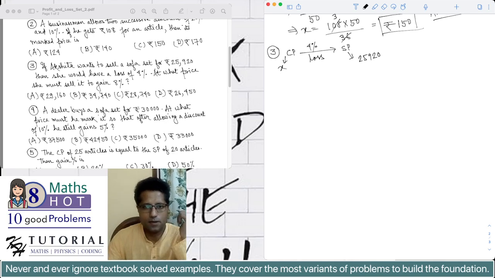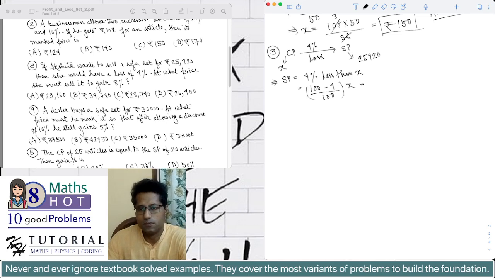Okay, so let's find the cost price. We know that if there is a loss of 4%, the selling price will be 4% less than the cost price, which we have assumed to be X. 4% less than X means 100 minus 4 divided by 100 multiplied by X.